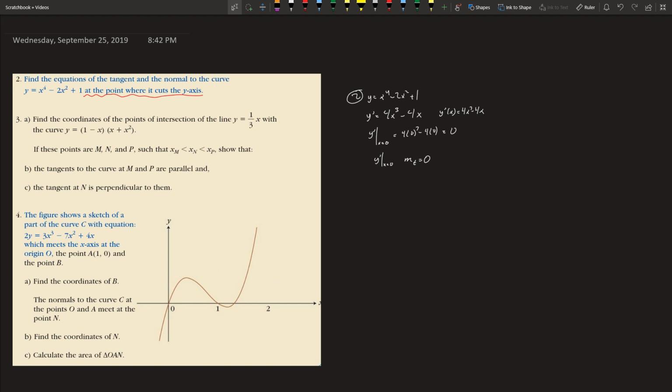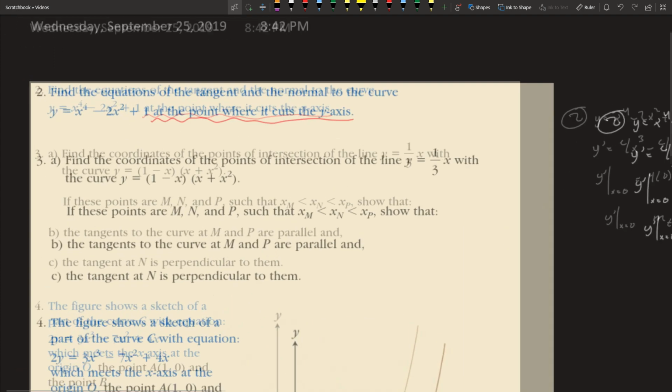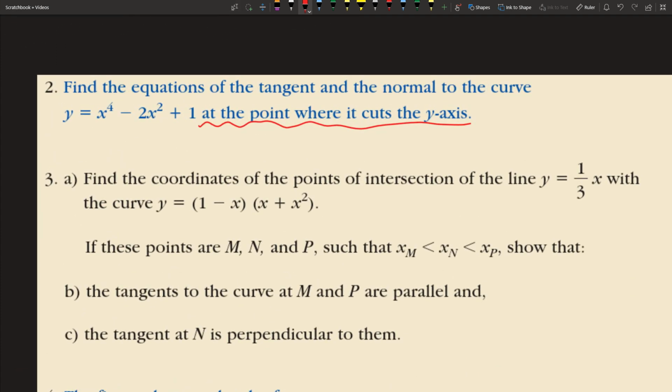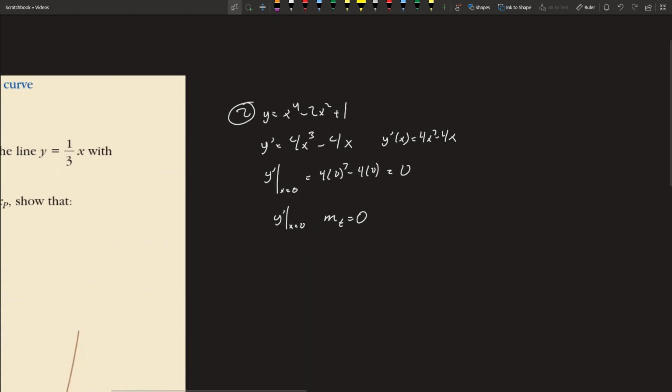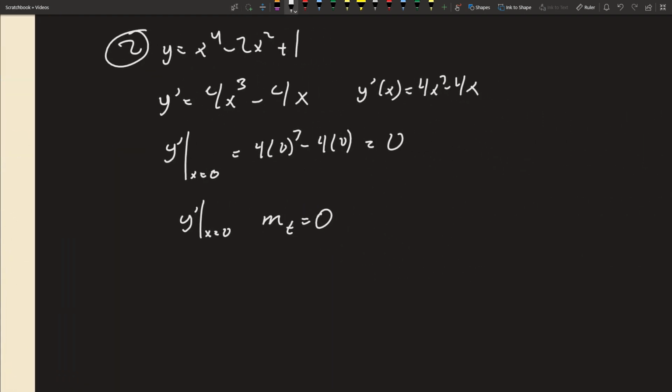They said at the point where it cuts the y-axis, x is 0. What's y though? If we substitute x equal to 0, y of 0 is equal to 0 minus 0 plus 1, which is 1. That means at x equal to 0, y is equal to 1. So we have our slope and our point, 0, 1.